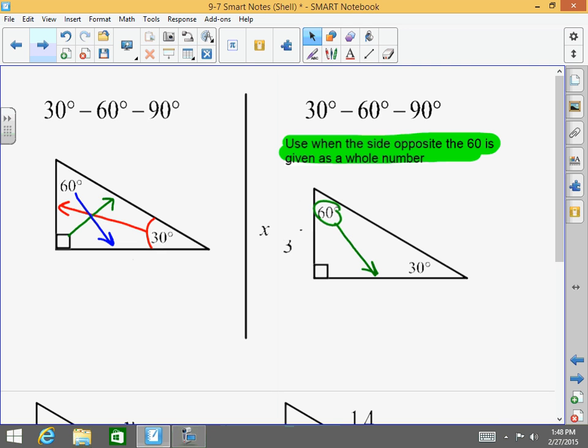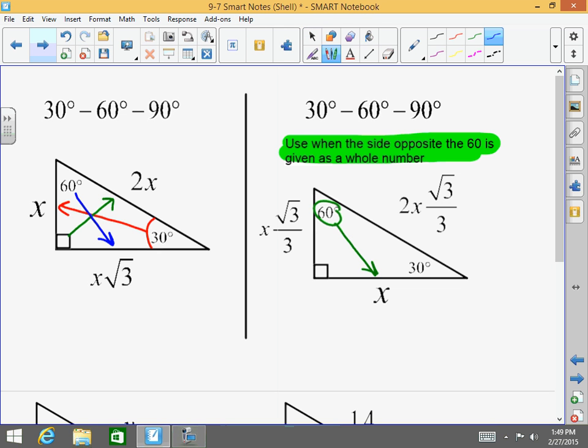All right. When the side opposite the 60 here, guys, is x, the other 2 sides will be their normal formula times the radical 3 over 3. So what does the normal formula mean? Well, across the 30 is just x, the smallest side, and then 2 times the smallest side.